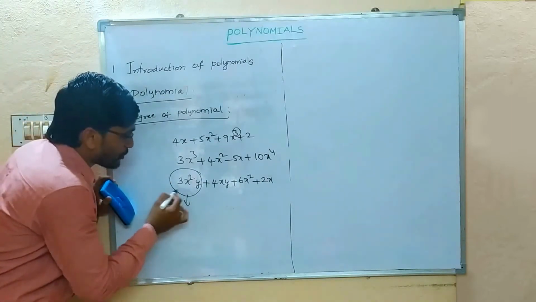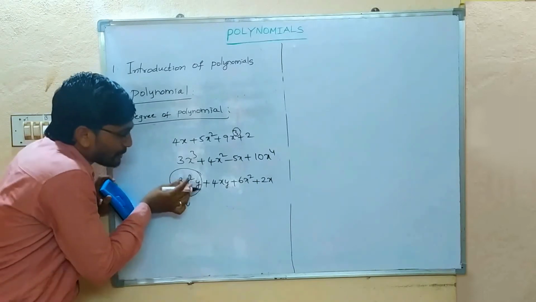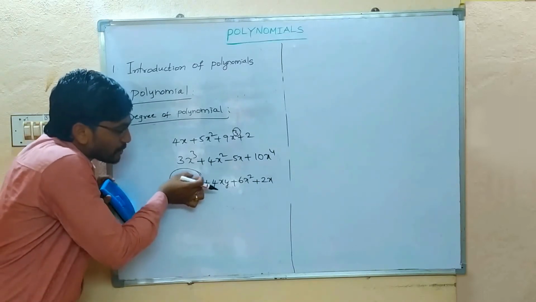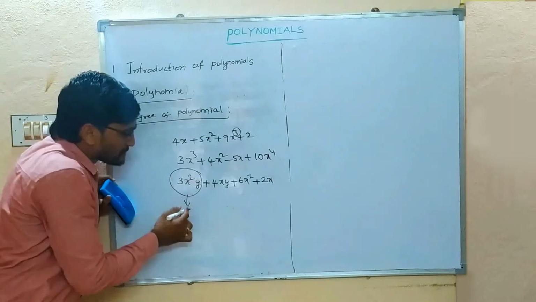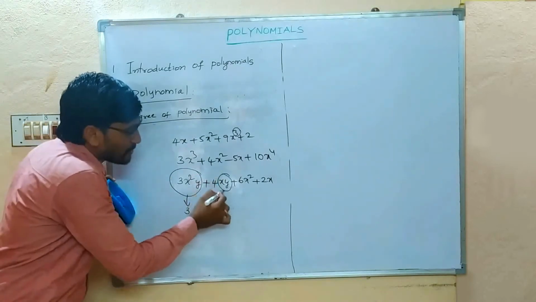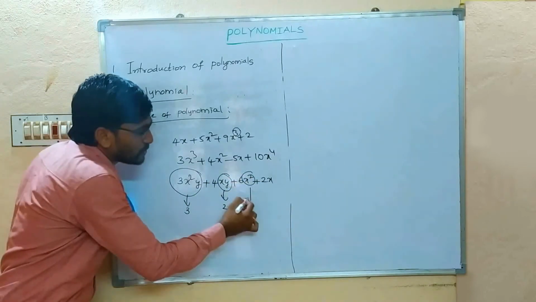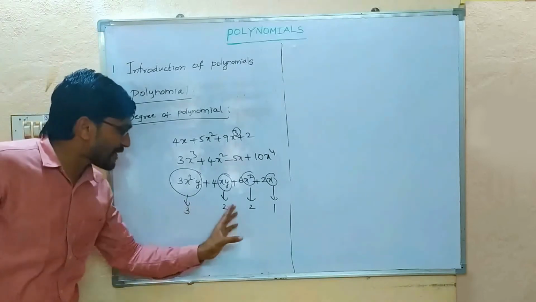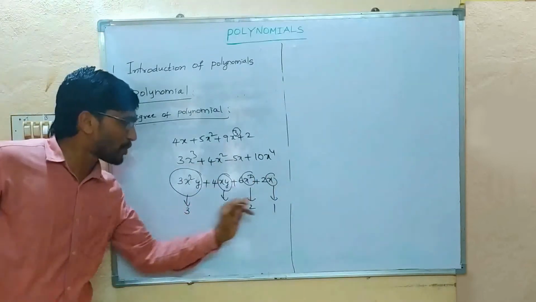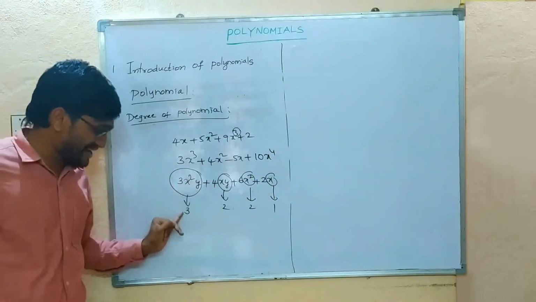This is one of the monomials. Here the degree is the sum of the exponents of the variables. That means 2 plus 1, which is 3. Here 2, here 2, here 1. So the highest value is 3. So the degree of this polynomial involving 2 variables is 3.